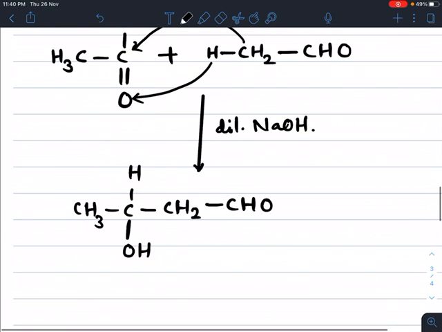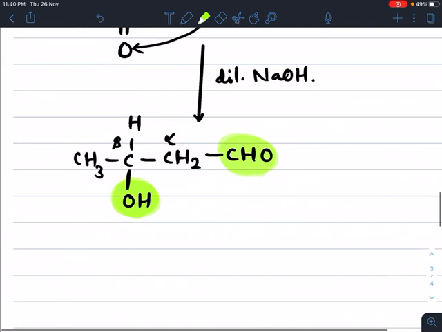This CHO is the functional group of aldehyde, this is the alpha carbon, and the second carbon is the beta carbon to which the OH group is attached. So it is a beta hydroxyaldehyde.